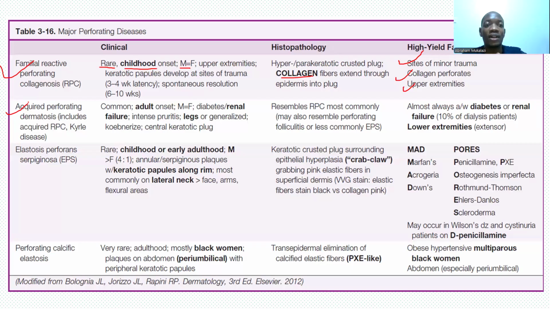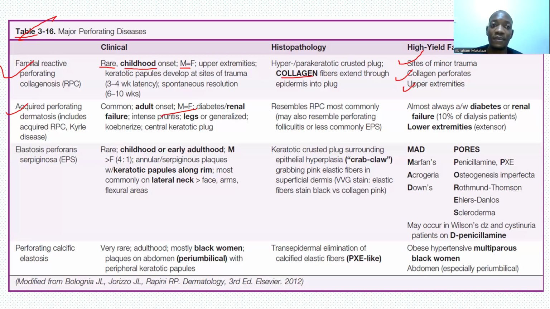So it is now classified together as acquired perforating dermatosis. It includes the acquired RPC and also Kyrle disease. Onset is a little more common in adulthood, and it also has an equal distribution in males and females.